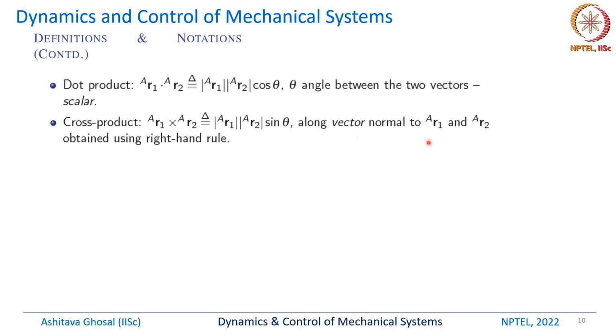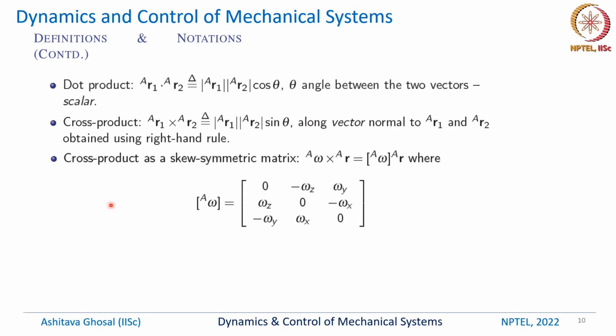Okay, and the vector is always normal to AR1 and AR2, and the vector normal to AR1 and AR2 is obtained by the right hand rule. So AR1 is one set of fingers and AR2 is the other one, and the normal is along the thumb, the usual way we find the cross product between two vectors using the right hand rule.